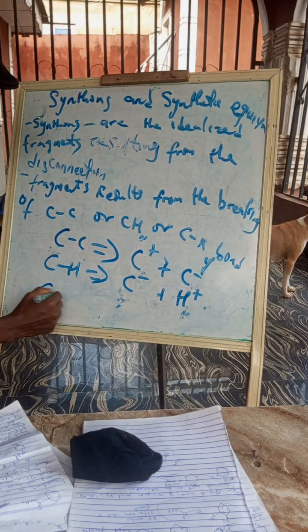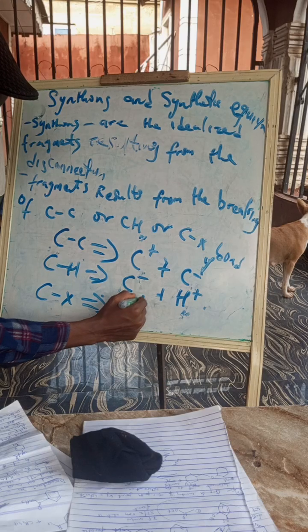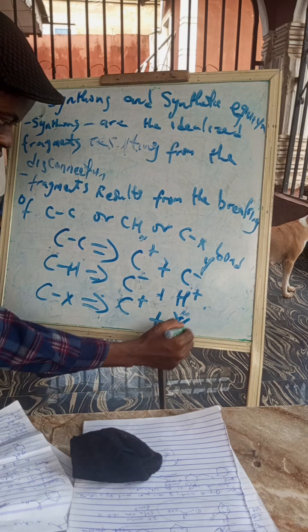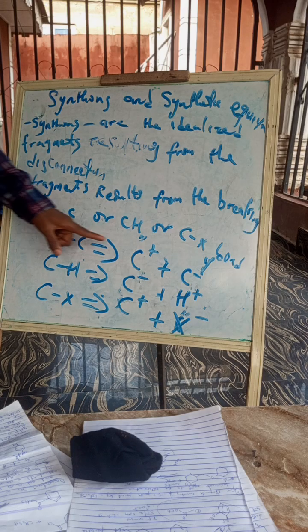Or if we have C to X, we will definitely have C plus and X minus. So this is the phenomenon of synthons, that is breaking into smaller fragments, and each fragment carries a charge.